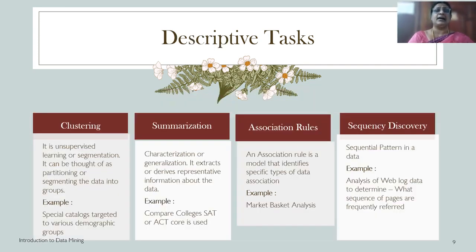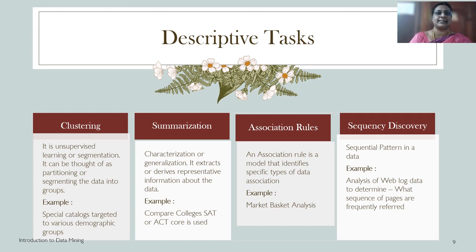Next, descriptive analysis, in which we have clustering. Clustering, in contrast to classification, does not have any classes assigned in advance. So this is called unsupervised learning. It can be thought of as partitioning or grouping based on characteristics.